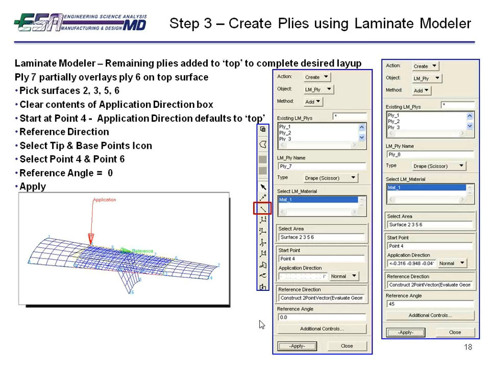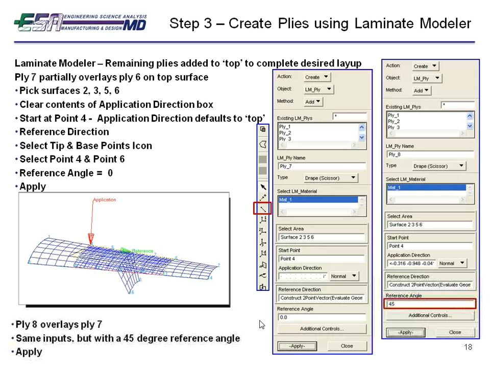We're going to apply the same surfaces again with apply, except another 45-degree orientation. All the inputs remain the same except reference angle. So that will be our ply number 8.